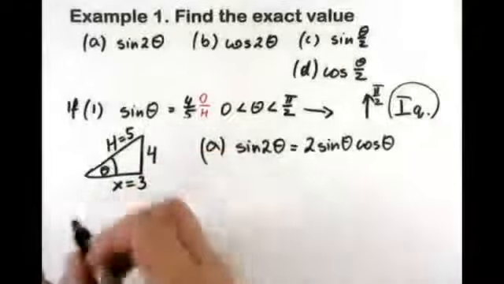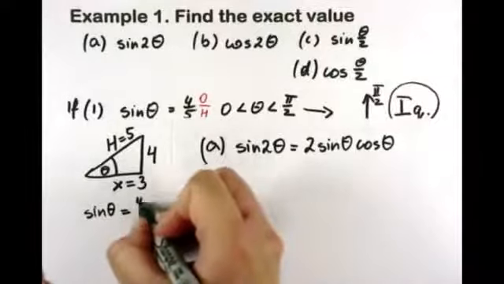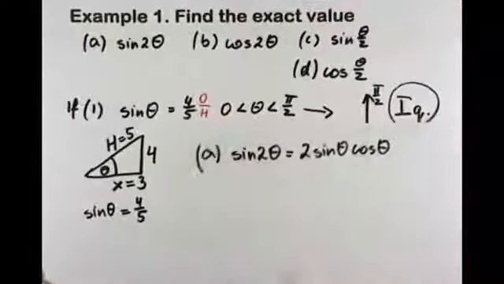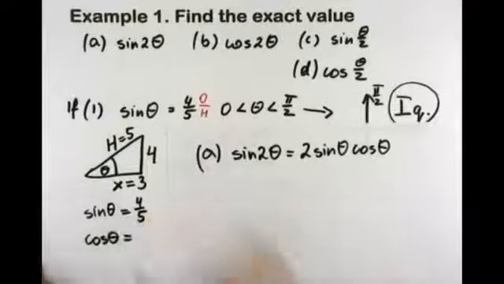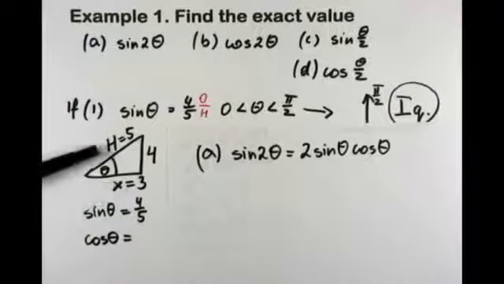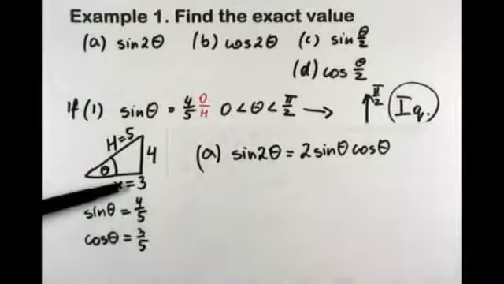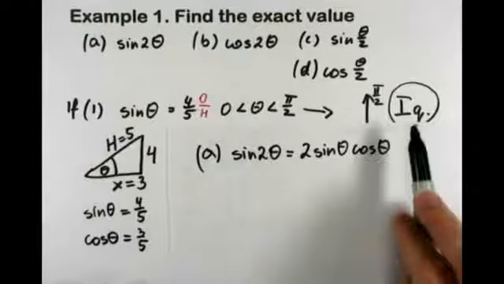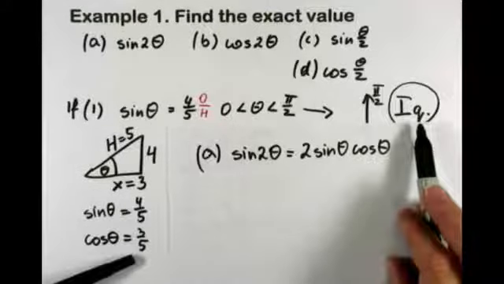From this one we have that sine theta is 4/5 and cos theta from this triangle is adjacent over hypotenuse, so it's 3/5. All of them are in the first quadrant, so they have positive values.